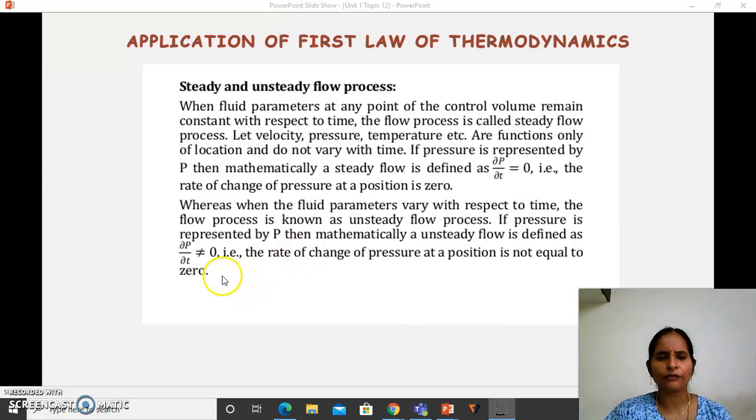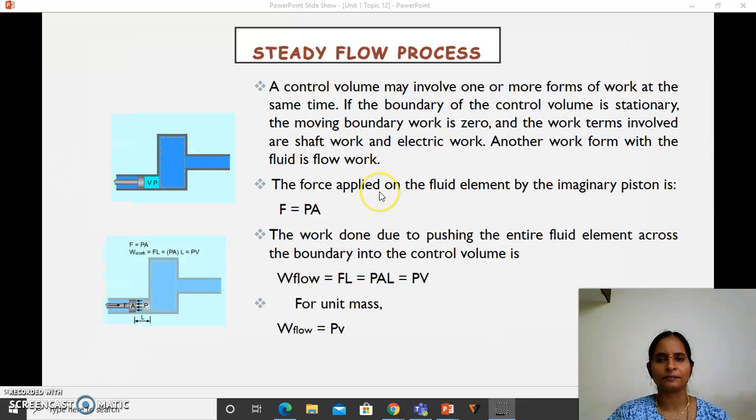If the fluid parameters or values vary with respect to time, then the flow process is called an unsteady flow process. So be clear that the working substance properties will not change with respect to time during the course of that particular process. Then it is called a steady flow process.